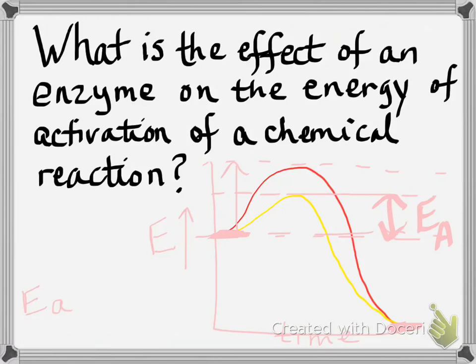The enzyme lowers the energy of activation. Okay, so in summary, an enzyme lowers the energy of activation, thus the reaction goes faster. So that's the beauty of an enzyme. It makes things go faster.